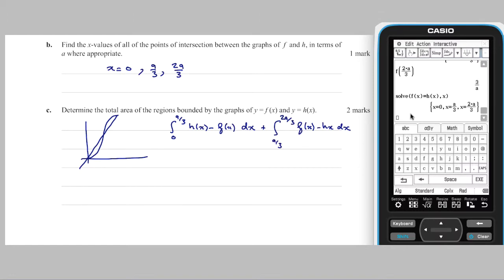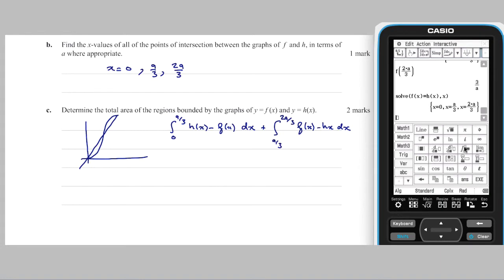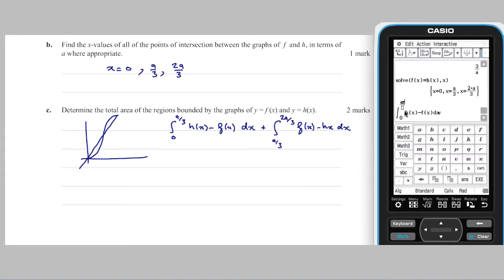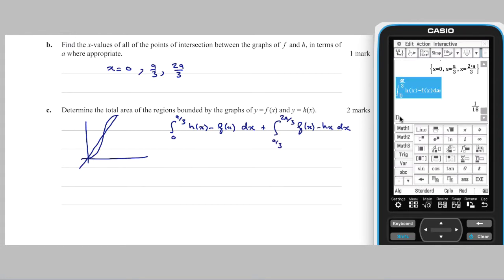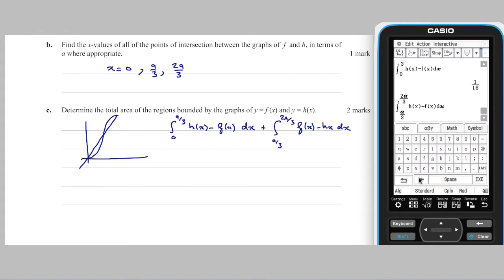And this can be evaluated on our ClassPad. This provides us with an area of 2/16 or 1/8.